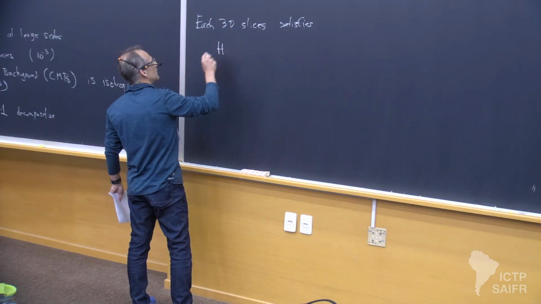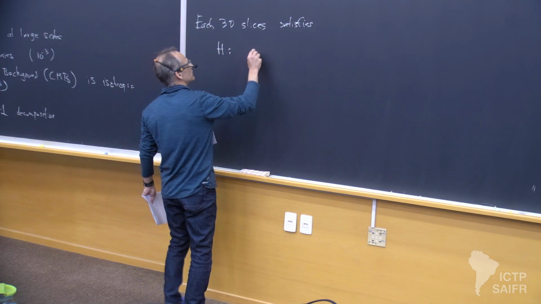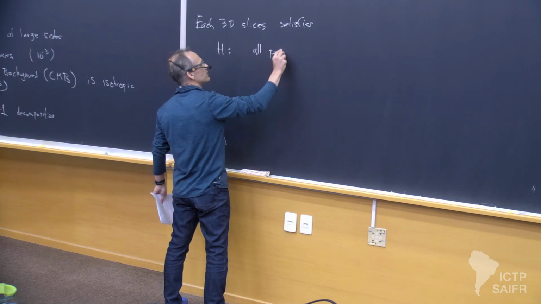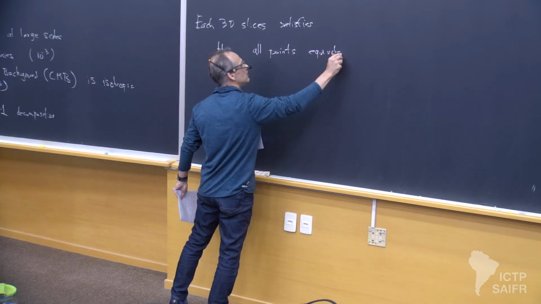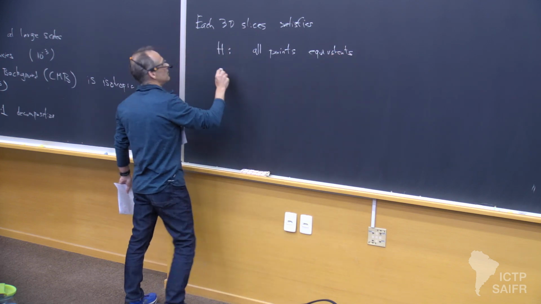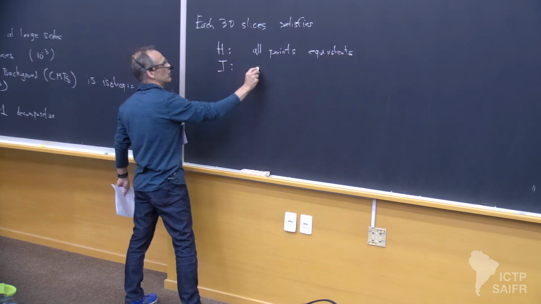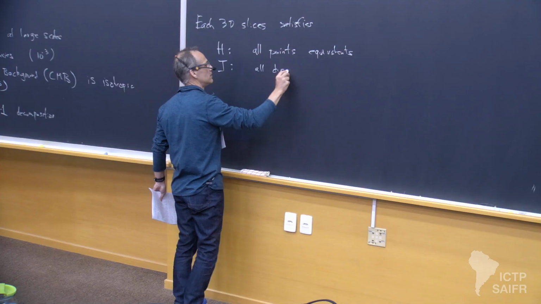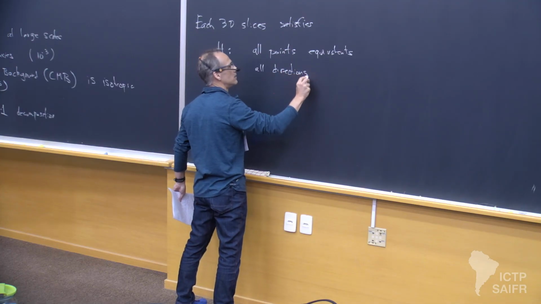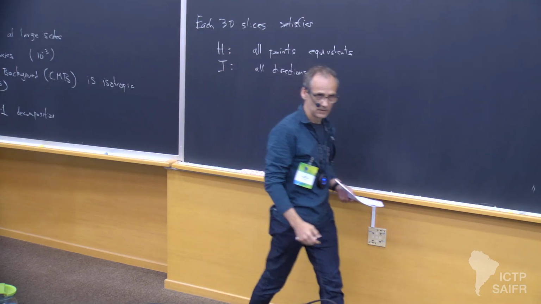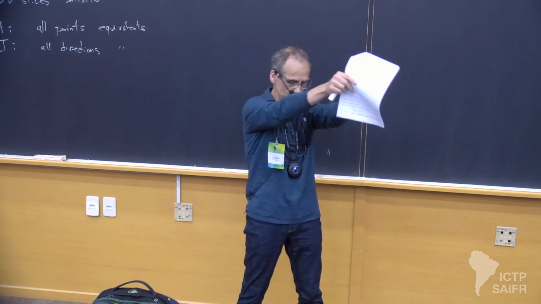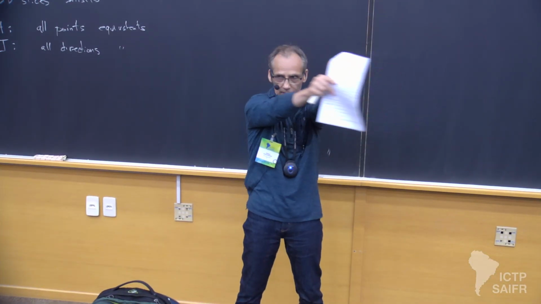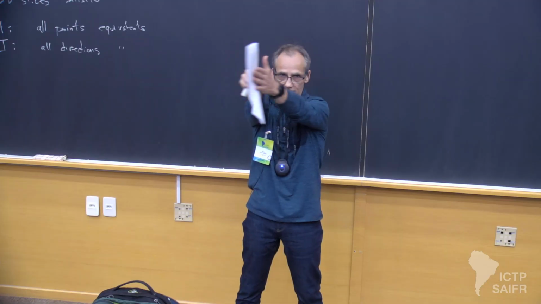So homogeneity means that all points in that slice are equivalent. And isotropy means all directions are equivalent. Isotropy means invariance under rotations. So if I sit at a point and look in any direction, they all look the same.